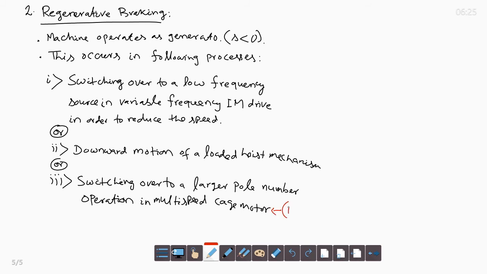This last one is not practiced in recent years. So we will discuss the first two methods of regenerative braking.